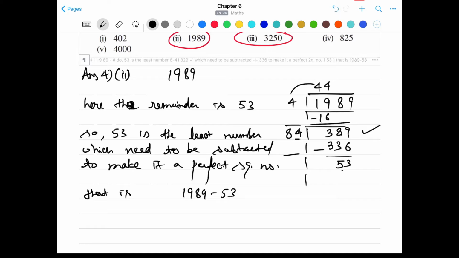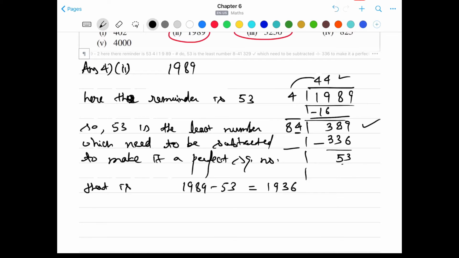When you subtract 53, you will get the number 1936, and the square root of 1936 will be 44.